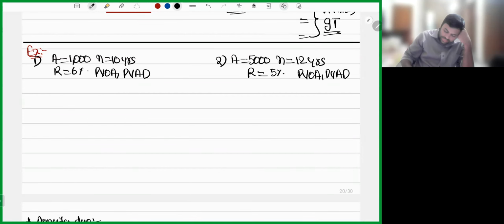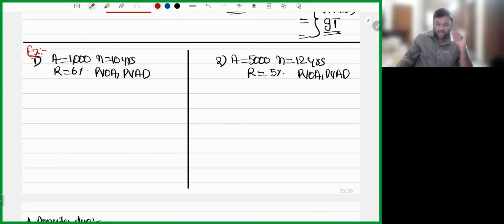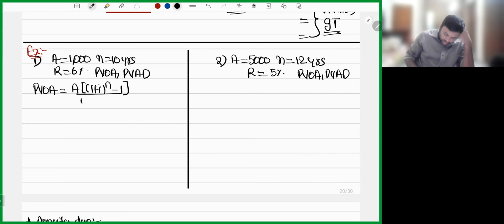First, let me do example number 1. After that, you can pause the video, do example number 2, and check your answer. So present value of ordinary annuity will be A into 1 plus I whole power n minus 1 whole divided by I into 1 plus I. So A is 1,000.